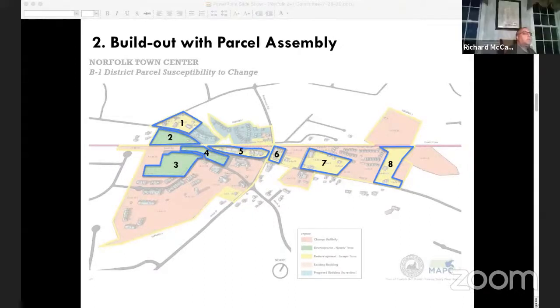Yeah, right. But I think this is a pretty good representation of a number of smaller sites that could possibly be combined to be larger sites to promote larger development, and that's kind of what the goal of this exercise is. Take 1 for instance, that's the perfect example.